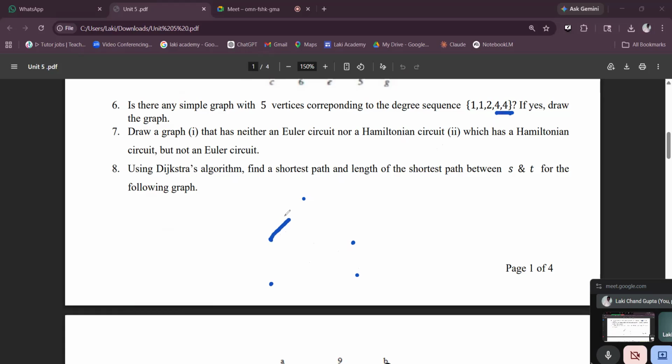Let's suppose these are two vertices. And let's suppose this is the second vertex, 2, 3, and this is 4. Now you can observe that there are two vertices with degree 2, right?